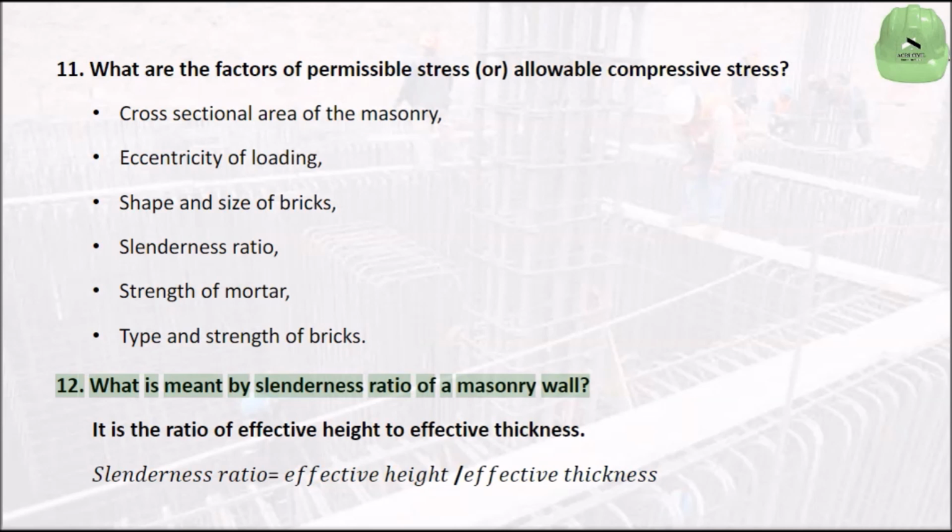What is meant by slenderness ratio of a masonry wall? It is the ratio of effective height to effective thickness, equals H/t.